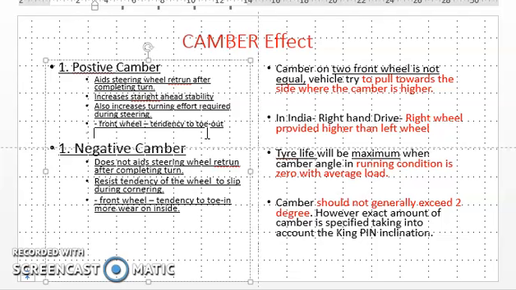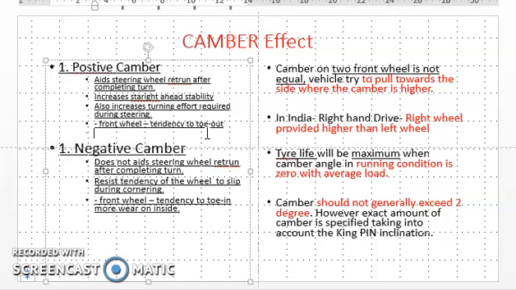Generally for rear wheels the camber is 0. But for the front wheels of the car or the truck or the vehicle, the camber should not be equal. There should be a slight difference between the cambers of the two front wheels.